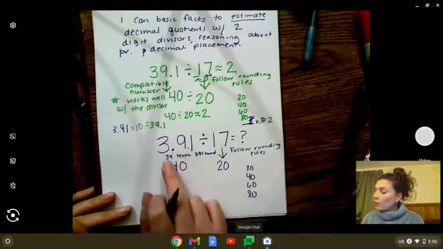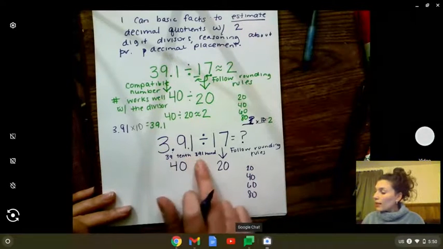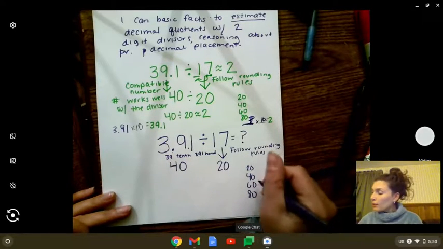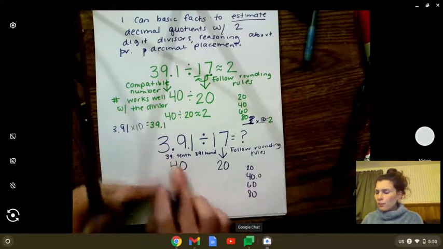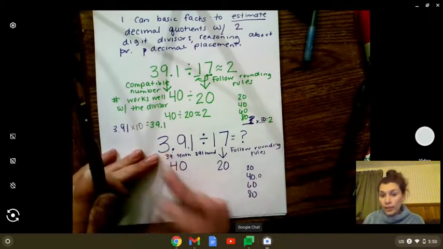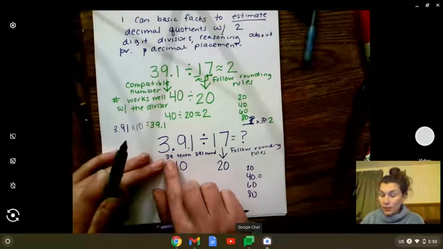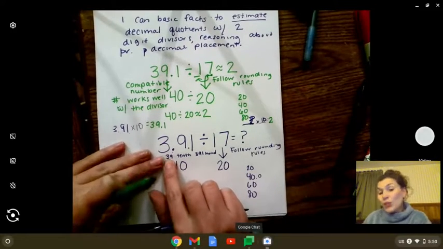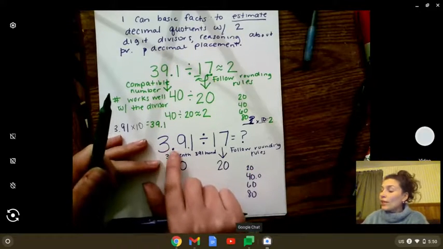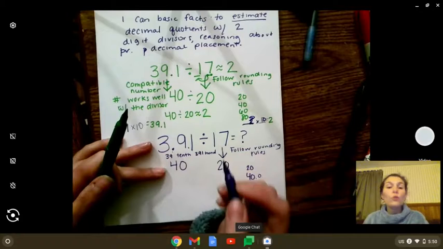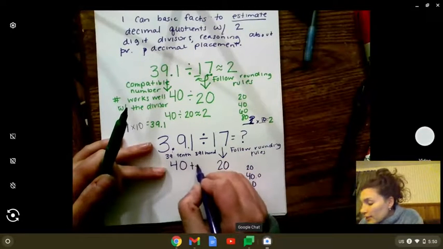Well, what is close on this list to 39 tenths or 391 hundredths? Well, 40 is close, but this number is not close to 40. This number is close to 40. So 39 tenths would be close to 40. So we would round 3.91 hundredths to 40 tenths.